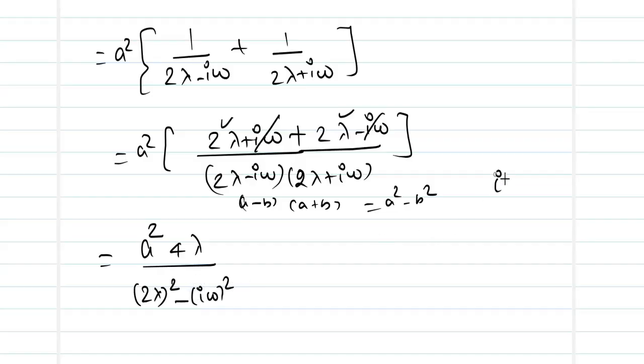We need to keep in mind I square is equal to minus 1. So you will have 4 lambda a square divided by 2 square, which makes it 4 lambda square, and I square makes it minus of minus, plus omega square. So the final answer for this problem will be 2 lambda a square divided by 4 lambda square plus omega square. Thank you.